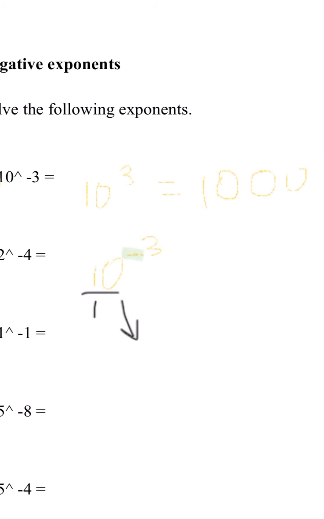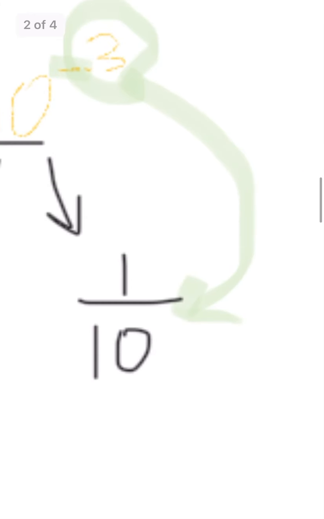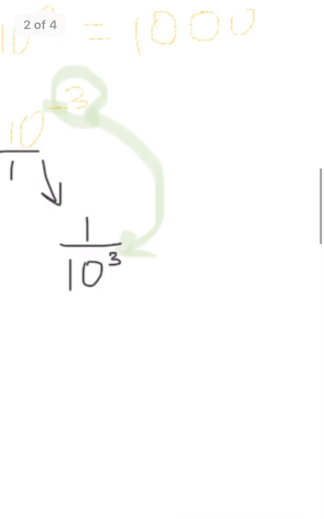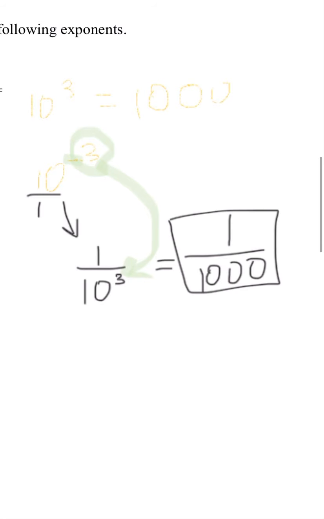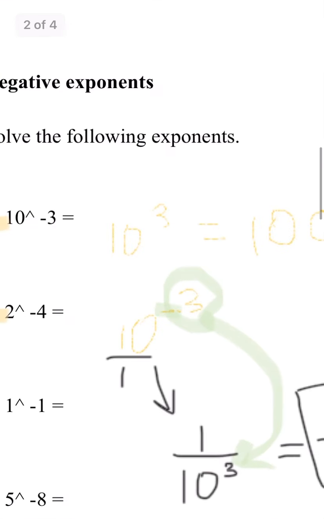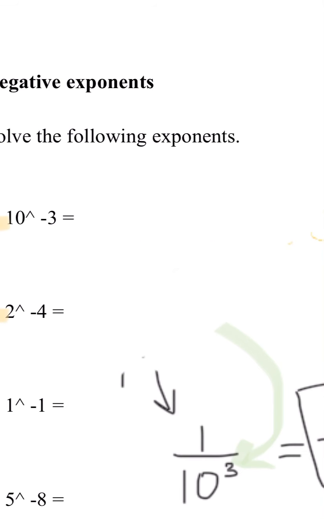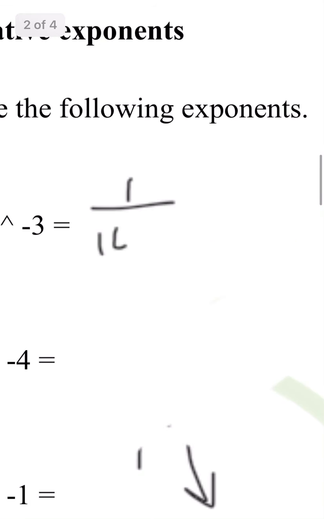So when we reciprocate that, we're going to get 1 over 10. Okay, and then the exponent, the 3, is going to go down to the denominator. So our final answer is going to be 1 over 1,000.